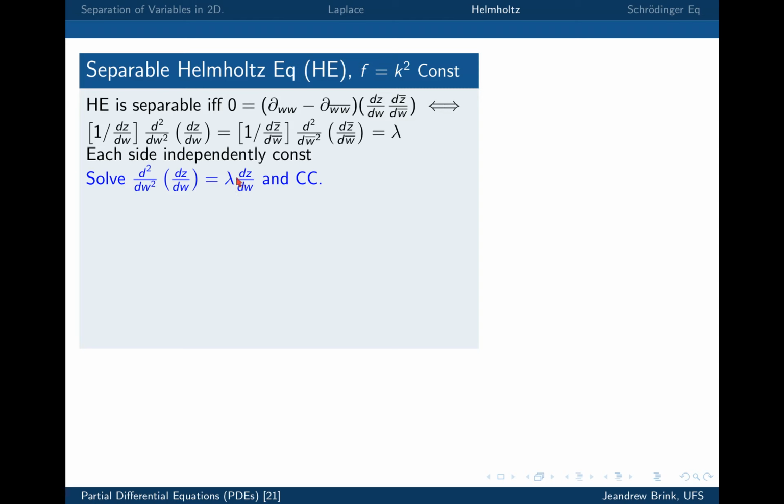So if lambda is equal to 0, you're basically solving that equation, and that one's easy to solve because the third derivative vanishes. It can just be a polynomial of the low-order derivatives. So there, if lambda is equal to 0, z has this possible expression. It's quadratic in w.